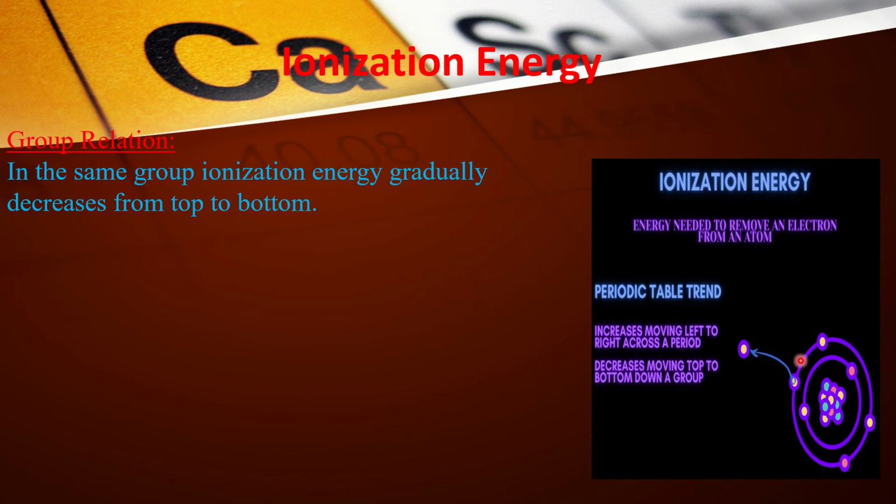When atomic radius is more, this ionization energy will be less, because here the attraction is less. But if the atomic radius is less, then the valence electron is strongly attracted by the nucleus. So you have to apply more energy to detach one electron from the last shell of the atom.